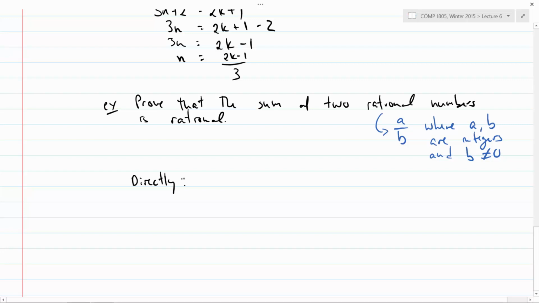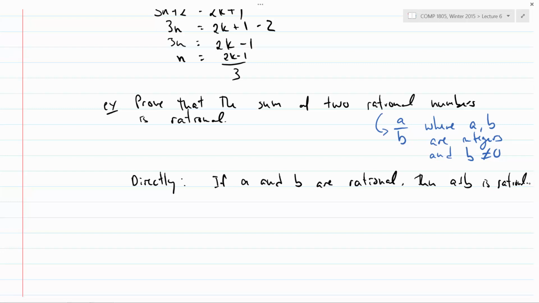Yeah, if A and B are rational, then A plus B is rational. That's one way to do it. Now we've got it phrased as an implication, which is what we're familiar with.